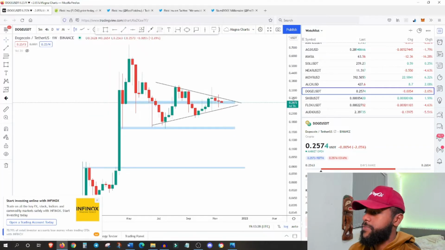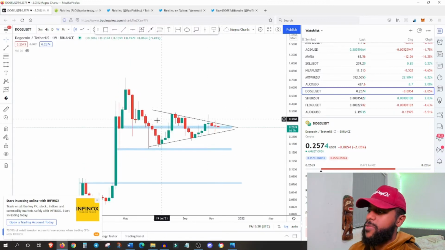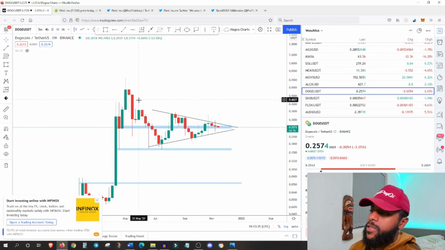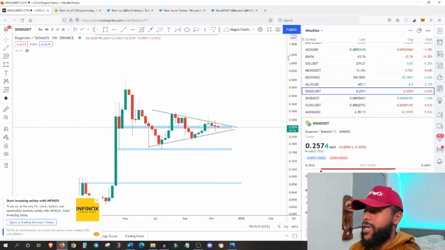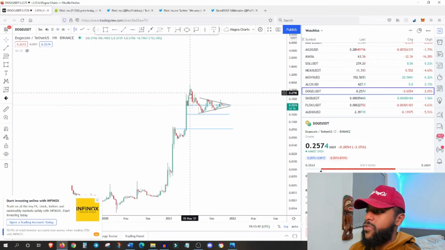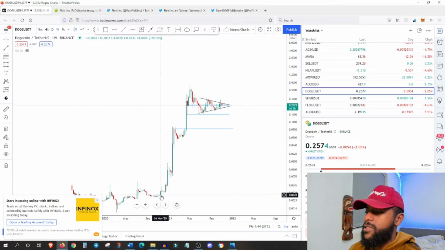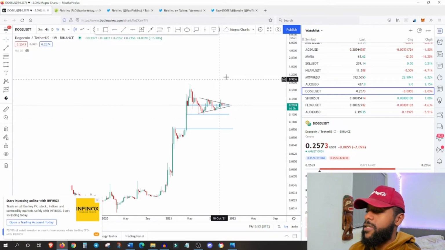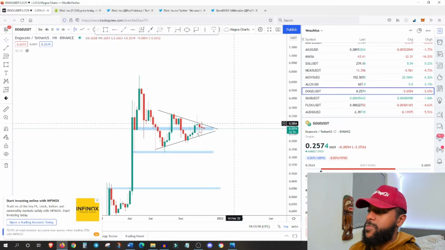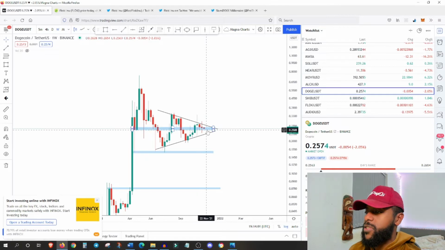However, this area is a bit hard to tell because it is a symmetrical triangle, so it could end up breaking to the downside. If you take into account that it has increased significantly since November, over a year ago, and only made a small correction here, and this is the longest time it's been correcting in the last year or so, it could easily carry on correcting because it has been making so many gains for such a long time.